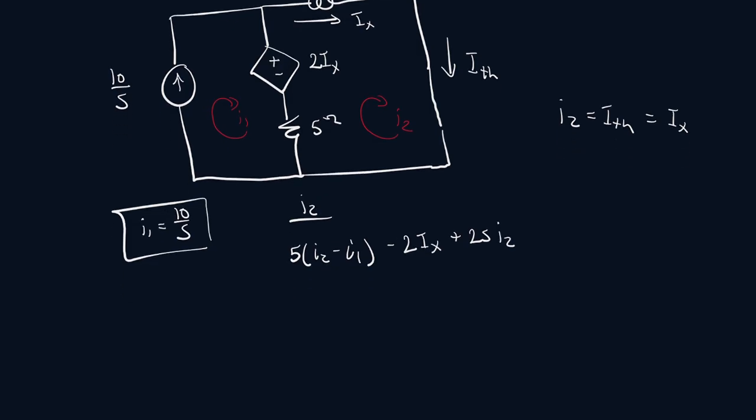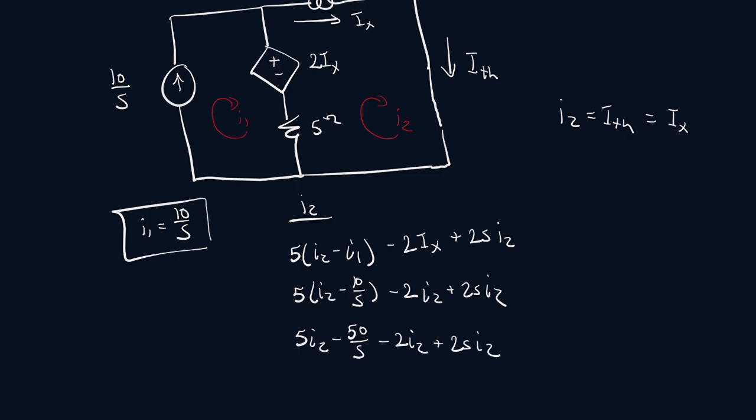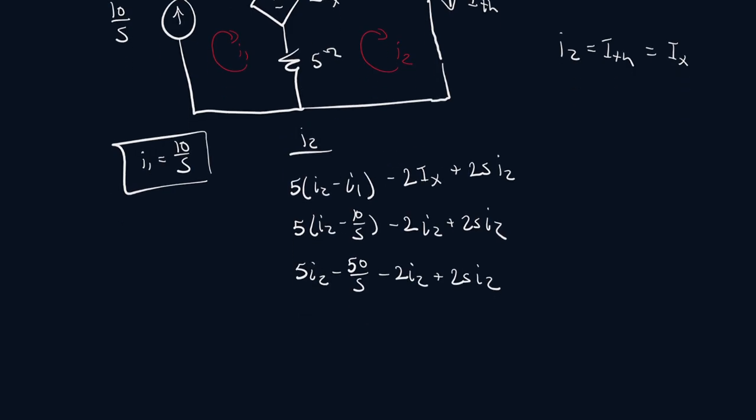So this will pretty much just be 5 times I2 minus I1, minus 2 I2, plus 2S I2, and I1 was 10 over S. Okay, so let's FOIL this out, and let's collect like terms.